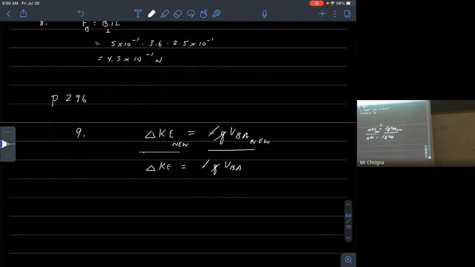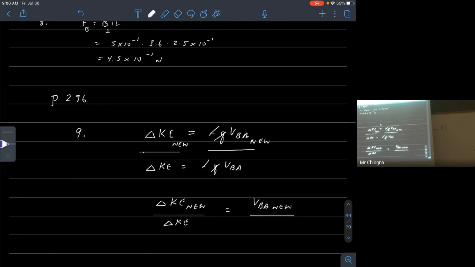Okay, so you just get the ratio of the new kinetic energy change over the old is equal to the new potential difference over the old. Let's just do a check so we're clear. It's accelerated through potential.